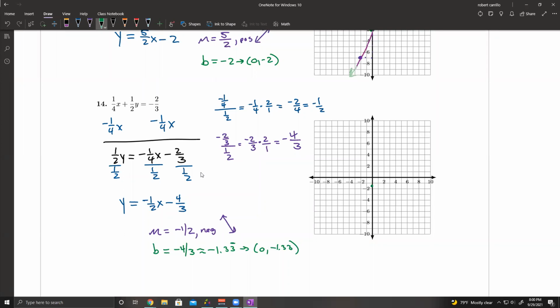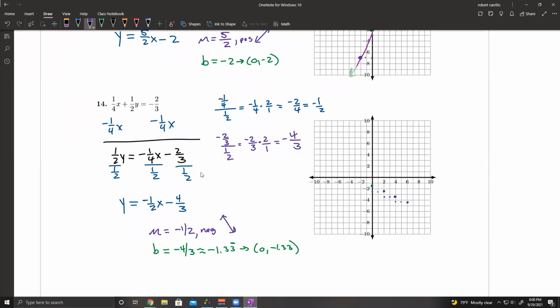Sure, let's plot it right there. And for my slope, it's -1/2. So from this point, you'll go down 1 and over 2. And then do it again. Down 1 and over 2.